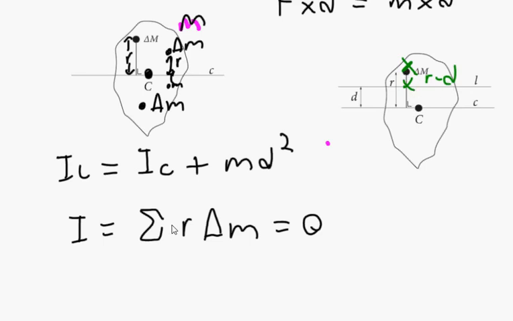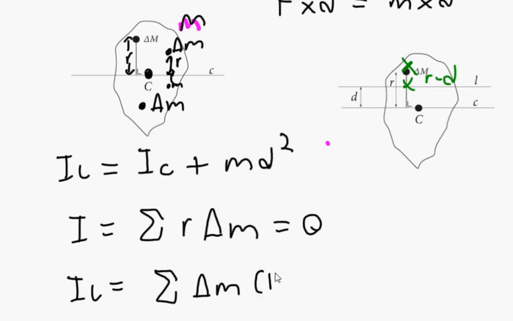Now we're going to do what we always do, find our IL. Remember our formula: IL equals the sum of all the small pieces, delta m, multiplied by the distance they're away squared.